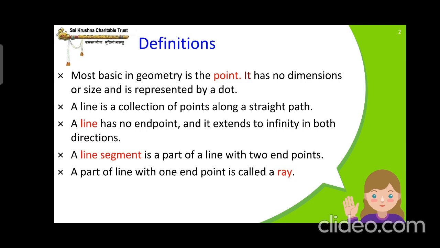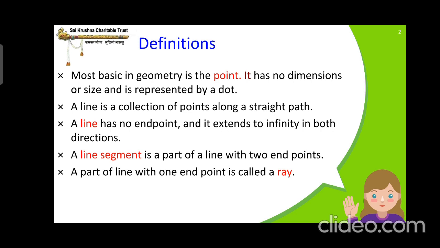Whereas a line has no endpoints. Next, look at the definition of a ray. A ray means a part of a line with 1 endpoint, whereas the other end can be extended to infinity.